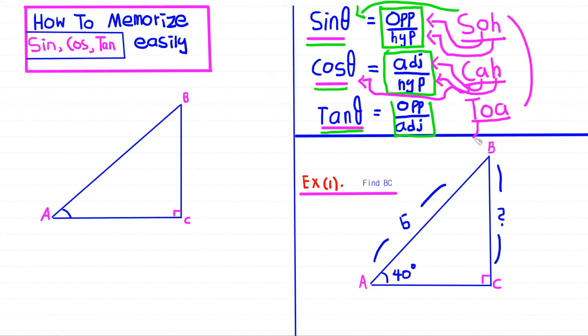T means tangent, so tangent theta is equal to opposite side over adjacent side. SOHCAHTOA is just a simplified way of showing that sine is opposite over hypotenuse and the other definitions.